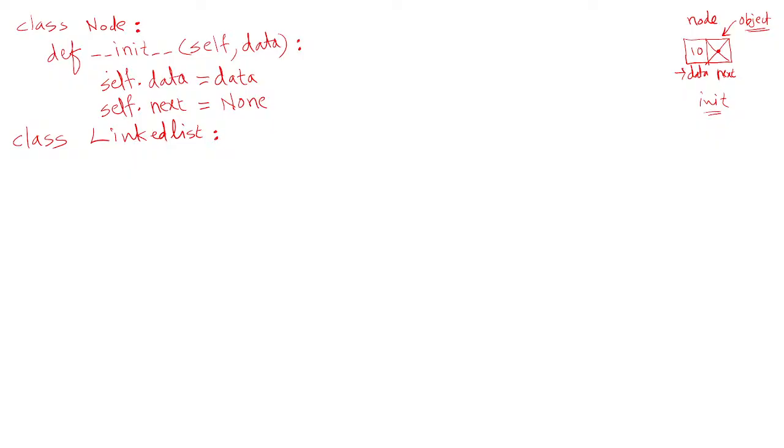Then here also we need to create a head pointer. For example, if this is your linked list initially, the first node address is present here. We always want the first node address in a pointer called the head pointer.